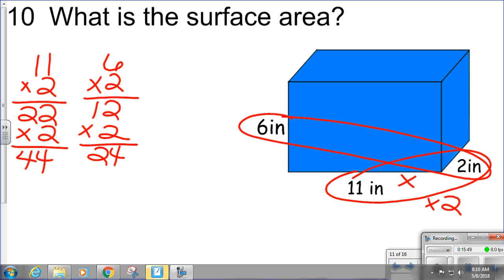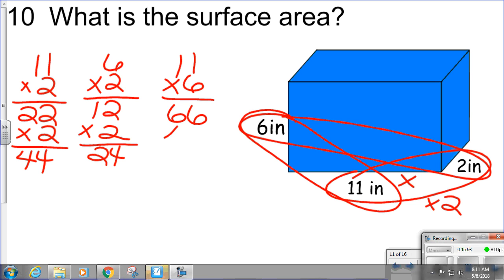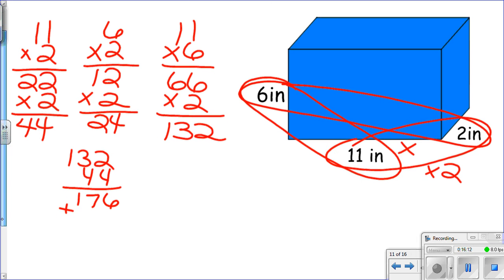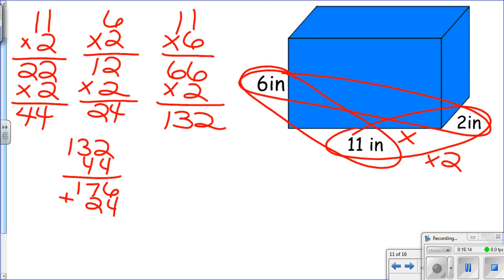And then the last two numbers. 11 times 6 times 2, 132. And what do I do with those three answers? Add them. It doesn't matter what order you add numbers, as long as you make sure you know which numbers you're adding. Try to keep your work nice and neat.